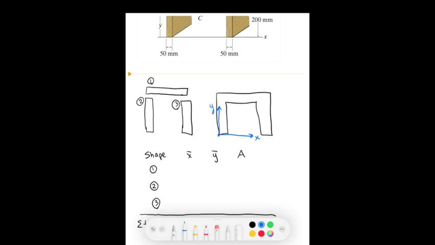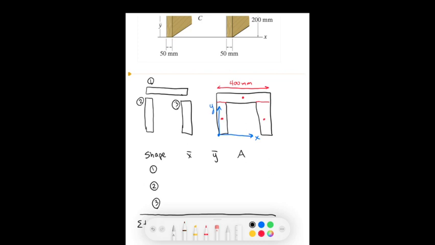So for piece number 1, the centroid is here, and the centroid is here for parts 2 and 3. This distance is 400 millimeters, and the centroid is going to be right in the middle.